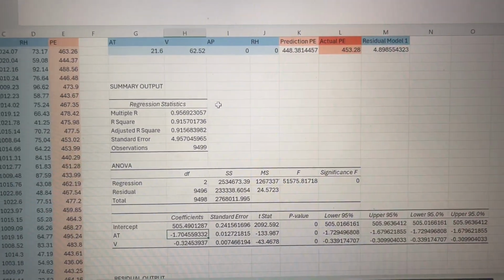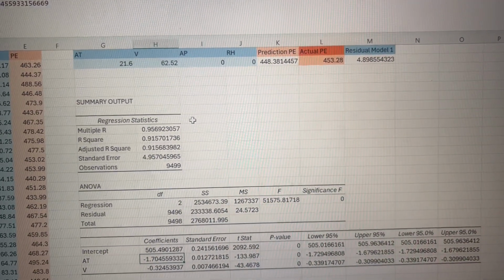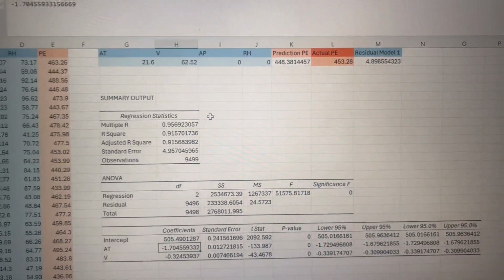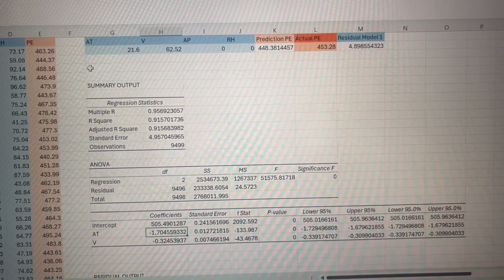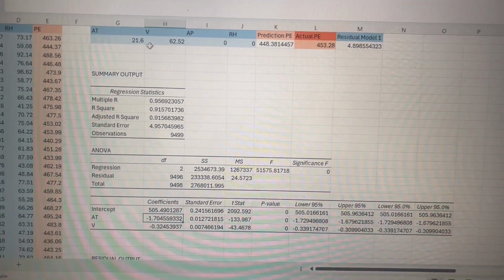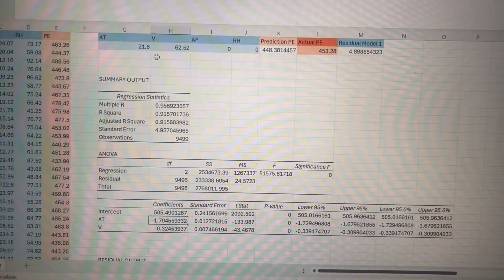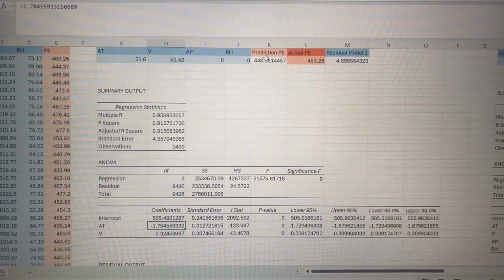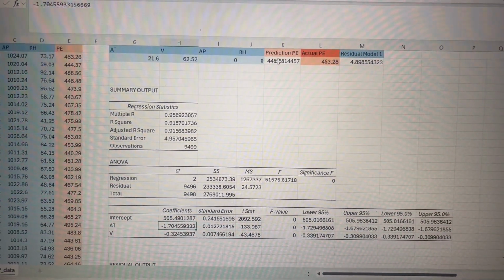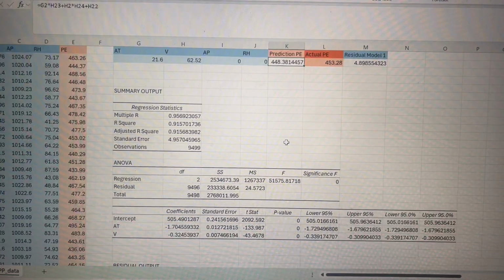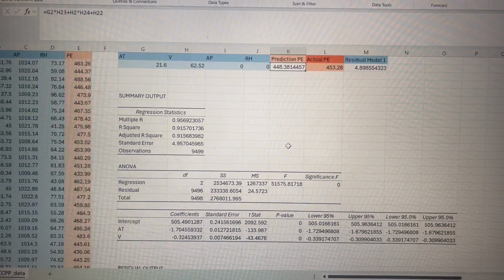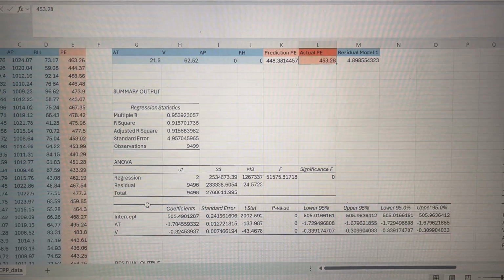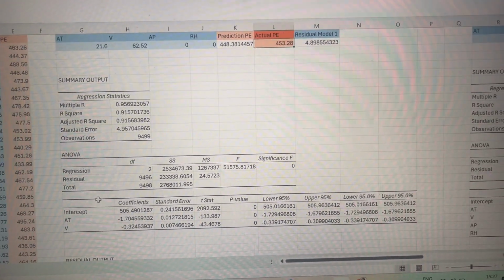So which value is predicted for electrical output when I have a temperature of 21.6 degrees Celsius and a vacuum of 62.52? What is my prediction for electrical power? So according to this model, my prediction would be 448.38. And the actual value, which is inserted in the last row of this file, is 453.28, which gives us the residual.